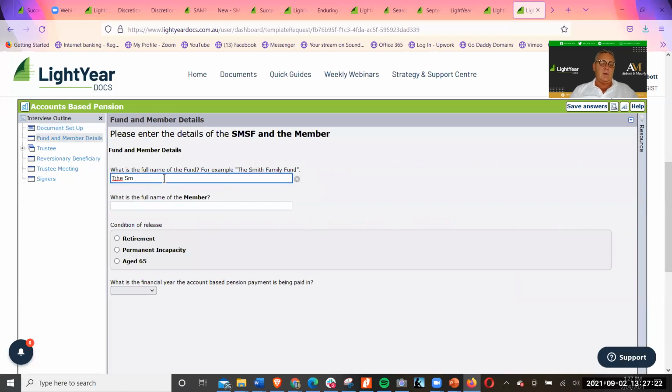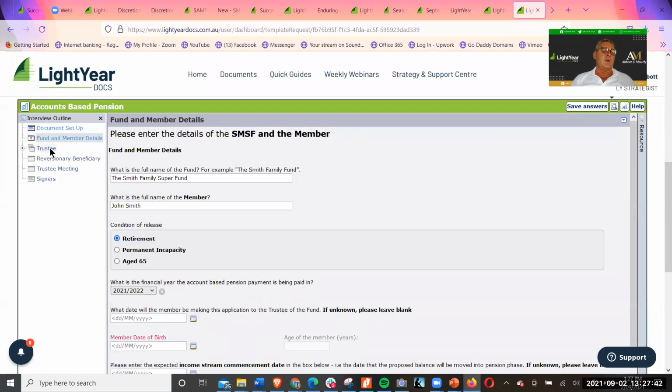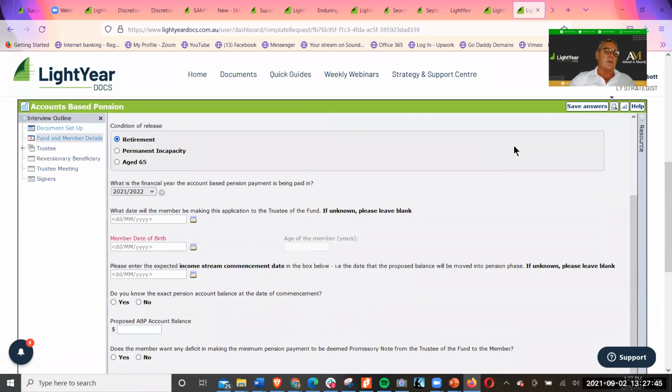So the Smith Family Super Fund. So you can see even I make mistakes. What I should have been doing is saving answers along the way. Retirement, financial year 21-22, fund member details.